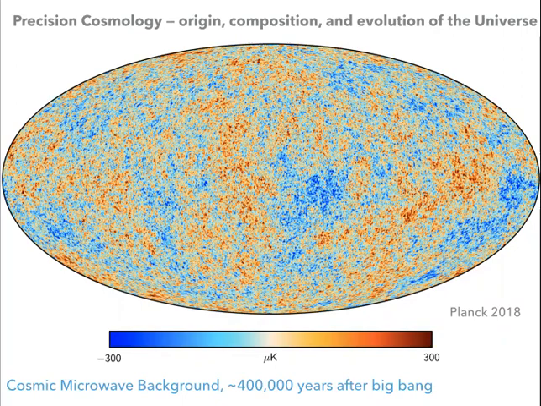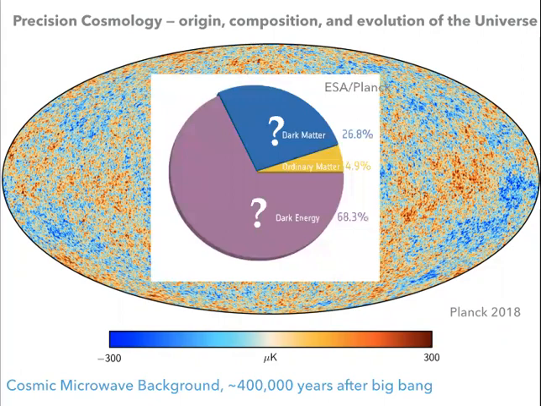From the features shown in CMB, we know now that our universe is made up of 27% of dark matter, 5% of ordinary matter, and 68% of dark energy. Those numbers are quite accurate. However, what we don't know is what is dark matter and what is the dark energy.